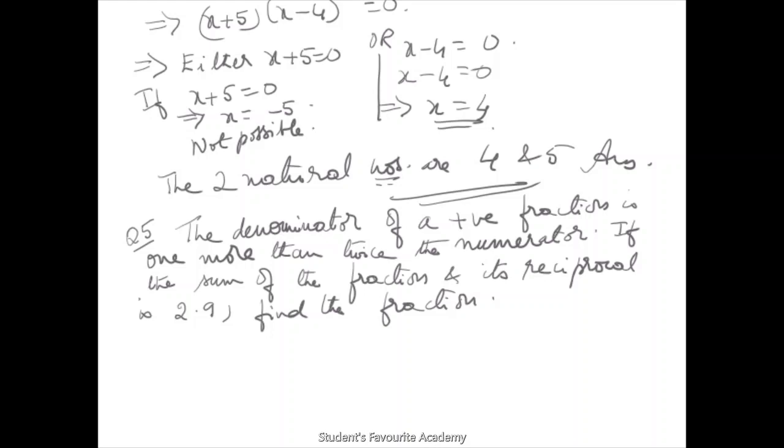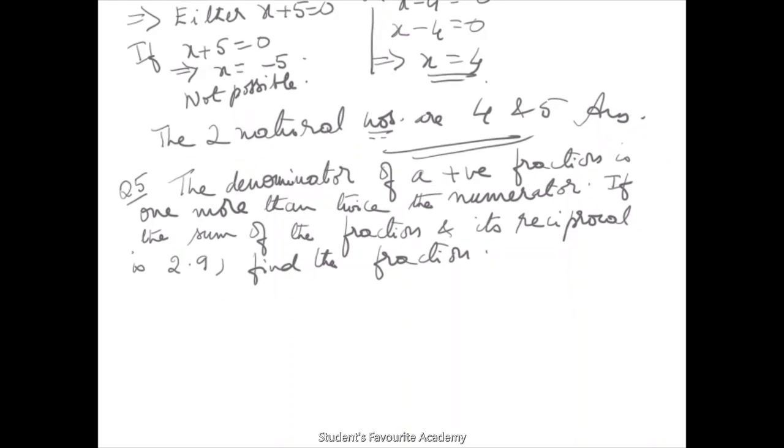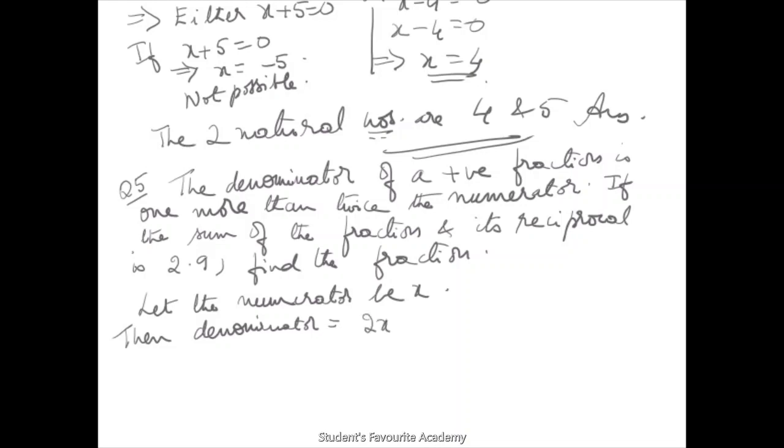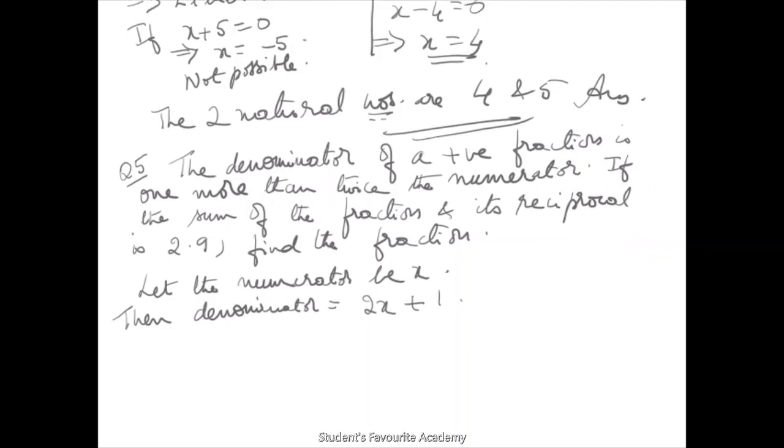Okay, so now let us assume the numerator as x. So let the numerator be x, then the denominator is 1 more than twice the numerator, that means 2x plus 1, right?